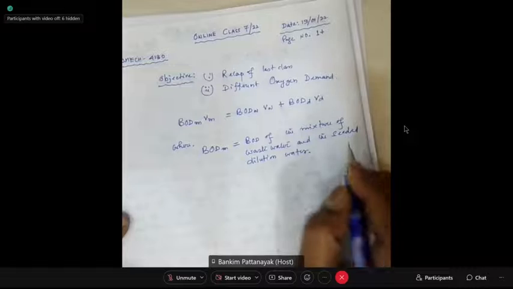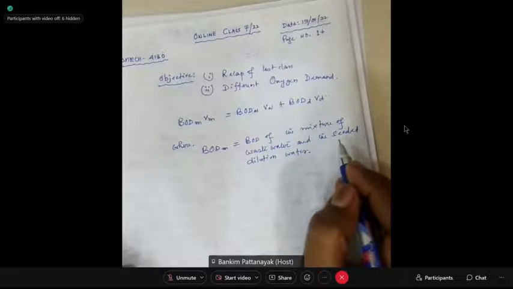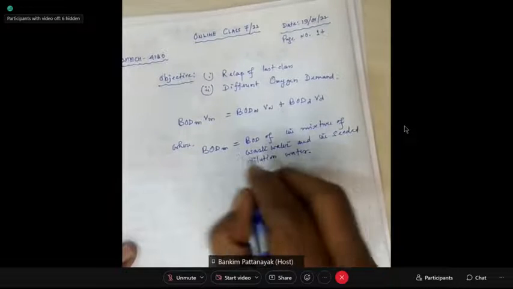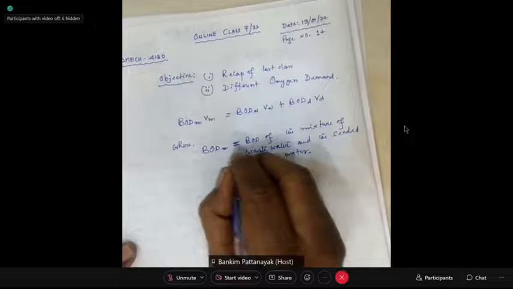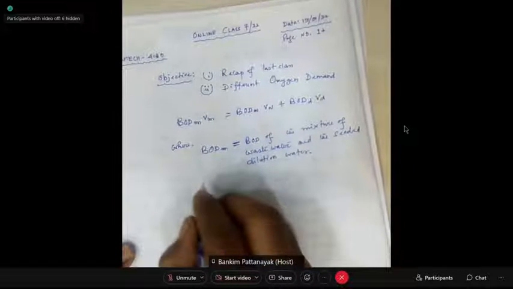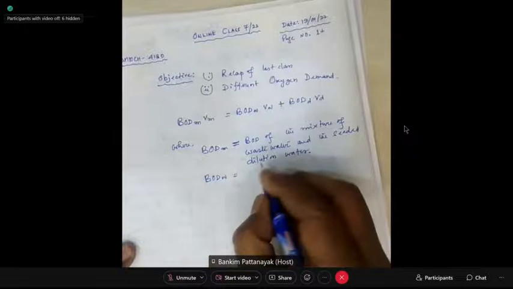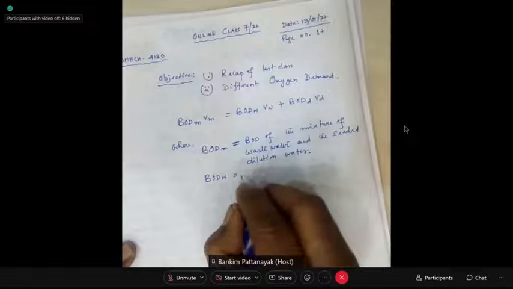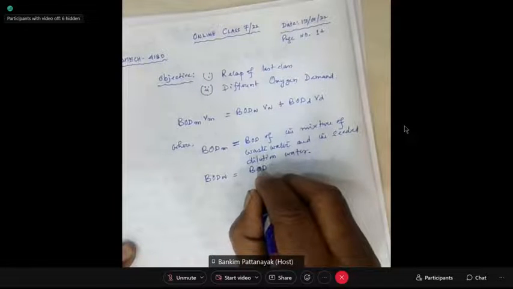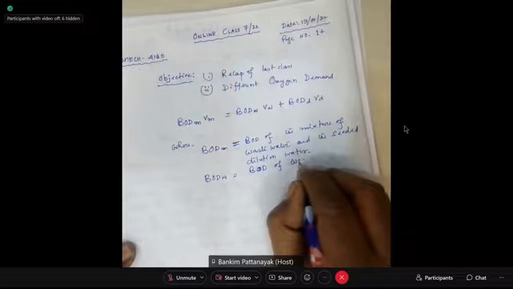Seeded dilution water is a certain amount of dilution water which is required for the experiment to take place. BOD_W is equal to the biochemical oxygen demand of only wastewater.